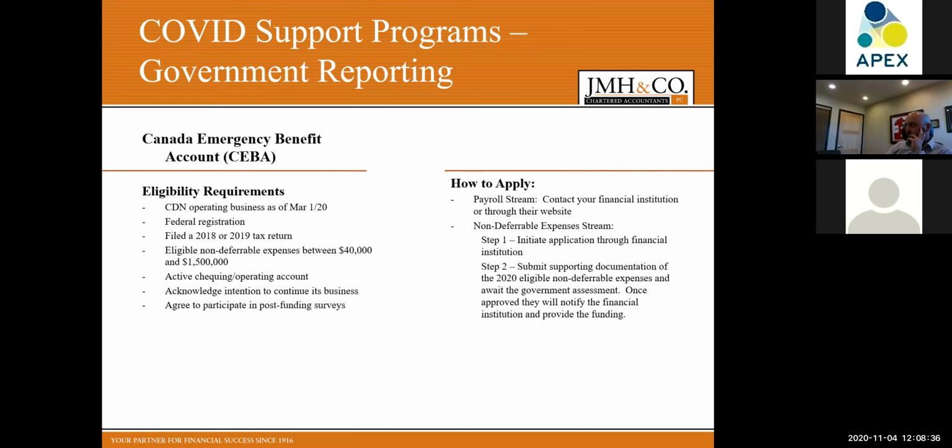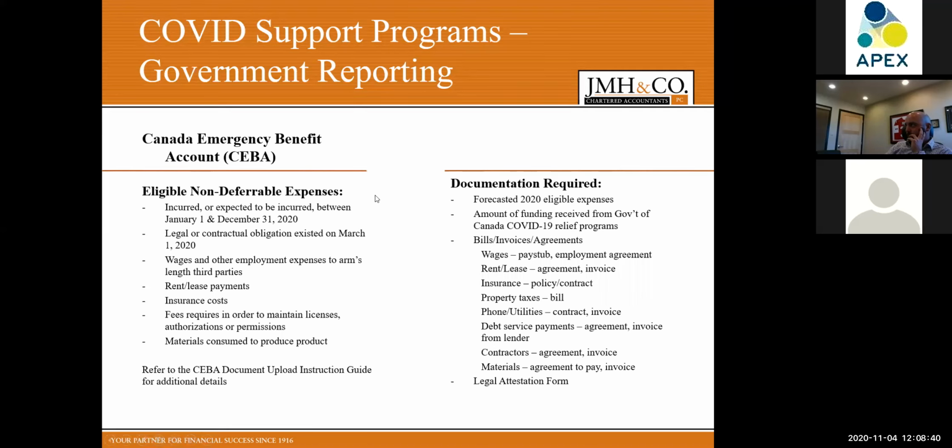But moving into that non-deferrable expense stream, it actually requires a lot more from business owners. You have to provide a lot more information. So you actually have to provide support for your expenses in advance before they will provide you with the funding.